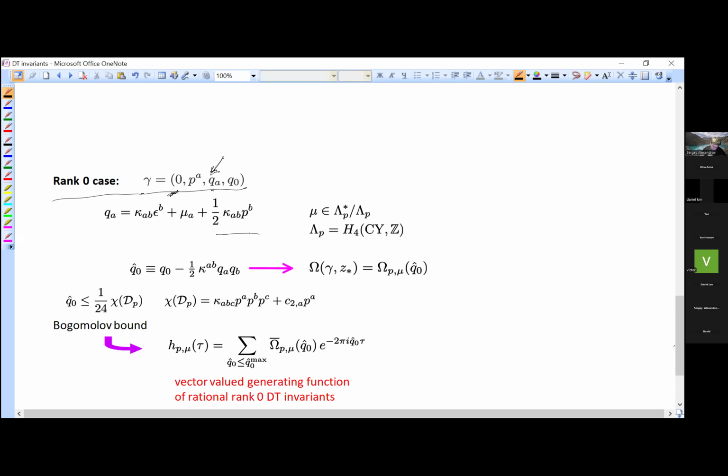You remember I mentioned that my charges are rational, but it's fixed in terms of my D4 brane charge. But then there is this residue class, which lives in this factor lattice. This is what remains after applying spectral flow invariance. So spectral flow allows us to remove this piece, roughly speaking. And then my DT invariant depends on D4 brane charge P, on residue class mu, and then on a certain invariant combination Q0 hat, which remains invariant under tensoring with the line bundle.